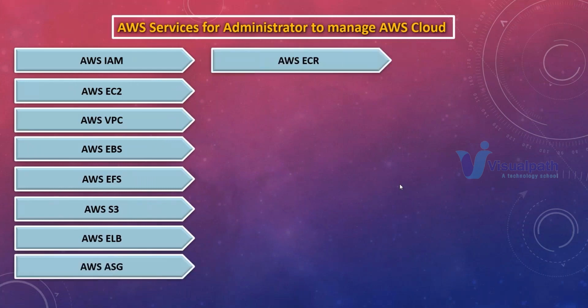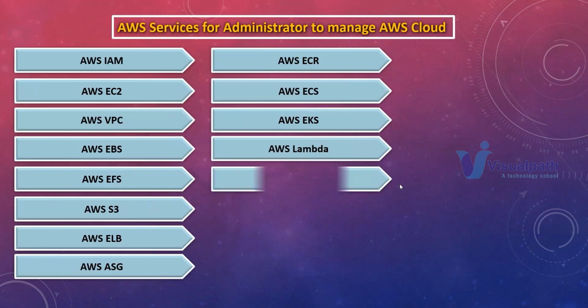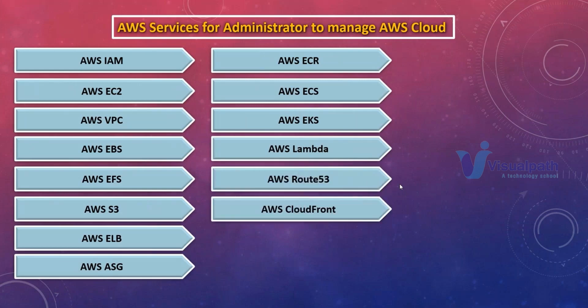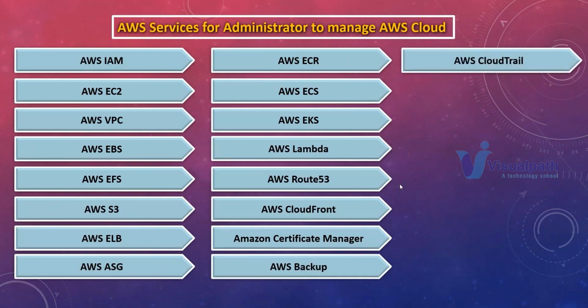Then ECR, Elastic Container Registry, Elastic Container Service, Elastic Kubernetes Service, Lambda Service, Route 53 for DNS, and CloudFront for IoT, and then Certificate Manager for purchasing certificates, and AWS Backup for disaster recovery, and then CloudTrail for monitoring. We can call it auditing. So AWS provides its own monitoring tools like CloudTrail and CloudWatch.